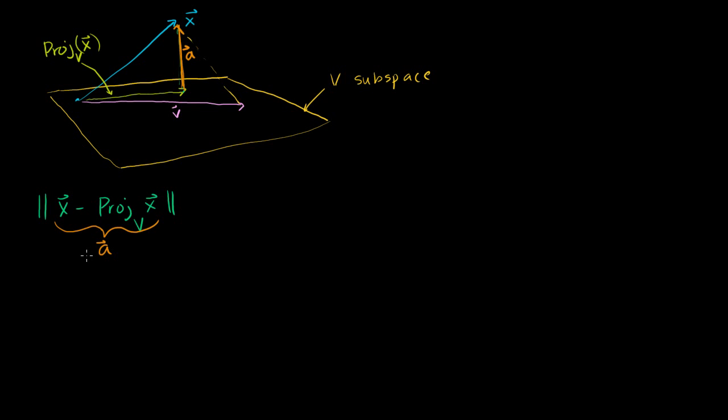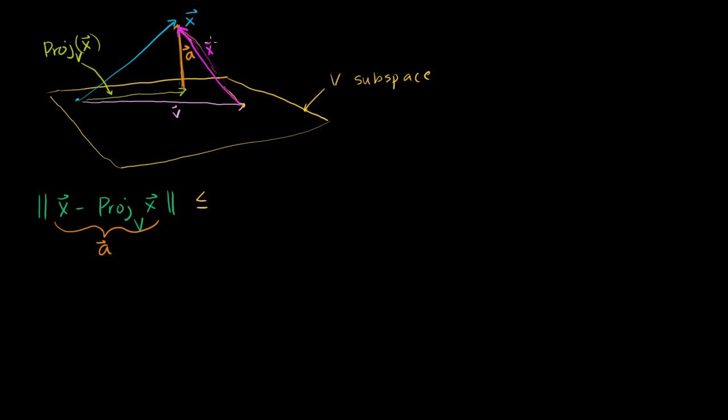My claim, what I want to show you, is that this distance A is less than or equal to the distance between x and v, where v is any member of V. So that's this distance right here. Let me draw this vector. The vector x minus v looks like that.